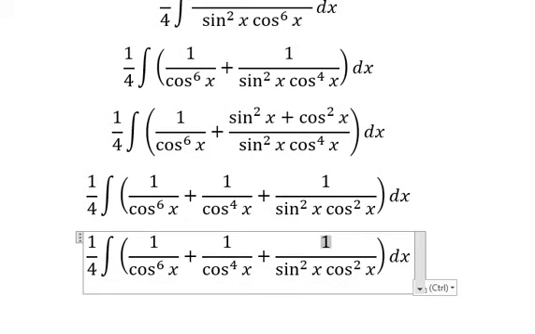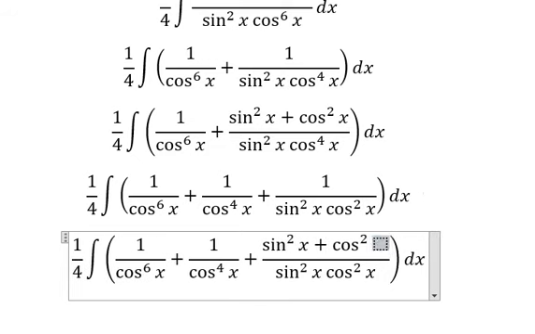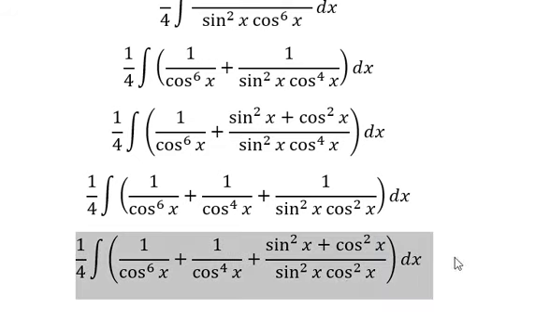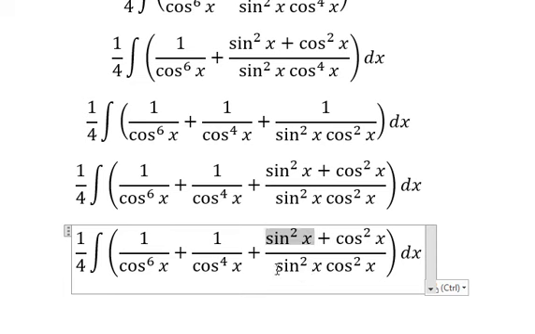And this one we change by sine squared s cosine squared s. So I will put this one divided by this one, cosine squared s divided by cosine squared s.